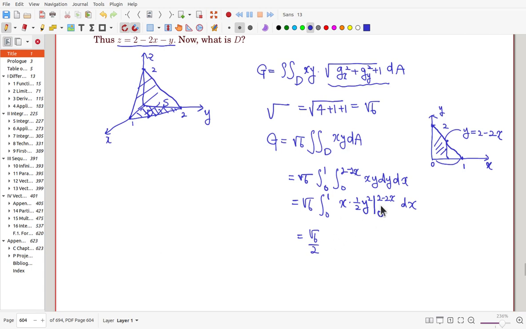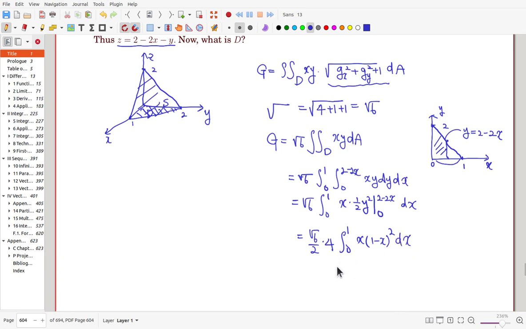If you evaluate, then that is x times (2 minus 2x) squared. So that 2 can go out to become 4. Let's put 4 outside, from 0 to 1, and that is x times (1 minus x) squared.